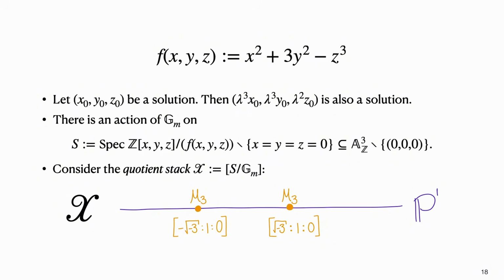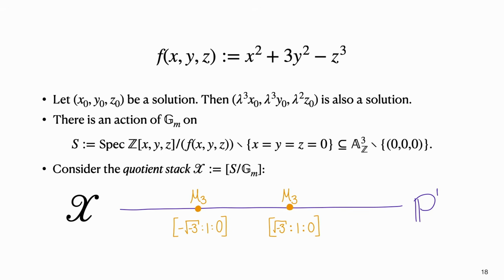I don't want to focus too much on the definition of the quotient stack. I just want us to look at a picture and understand what the picture is trying to convey to us.